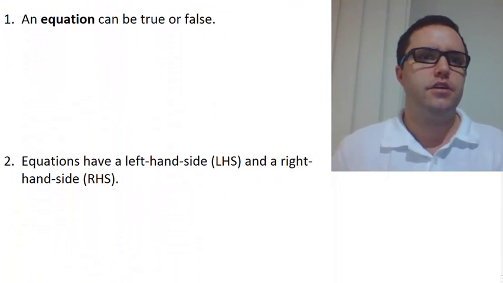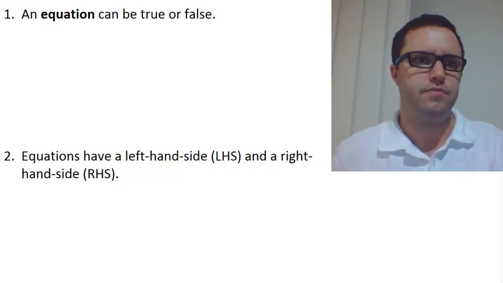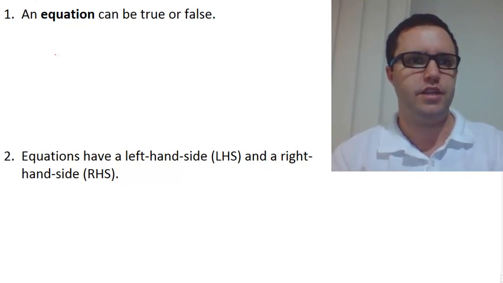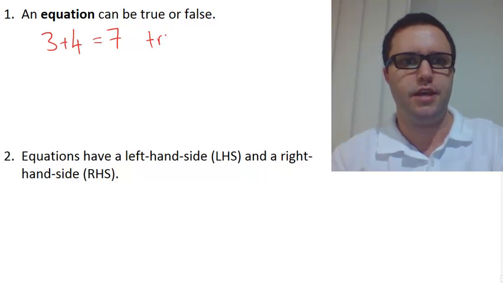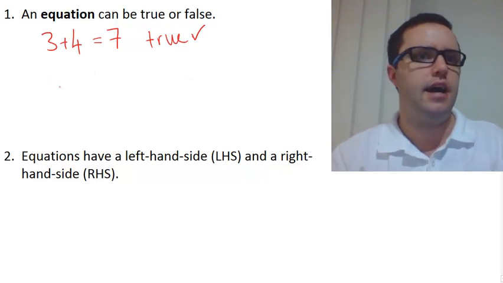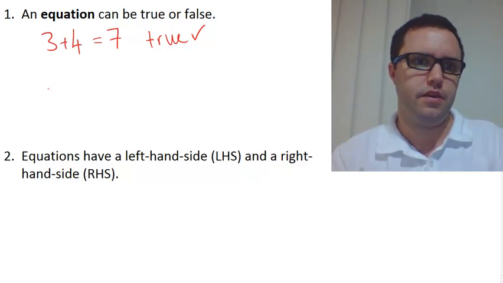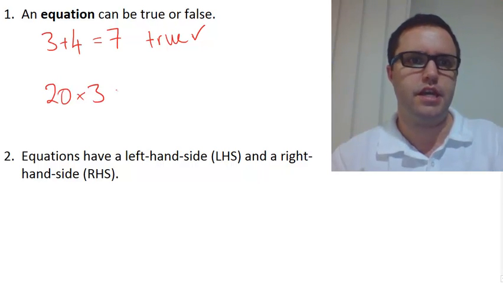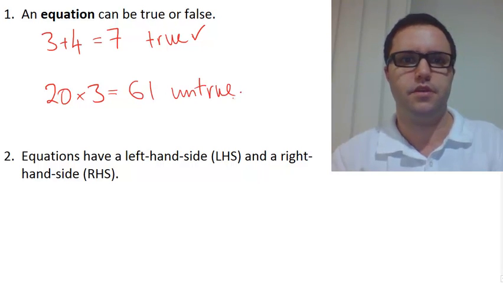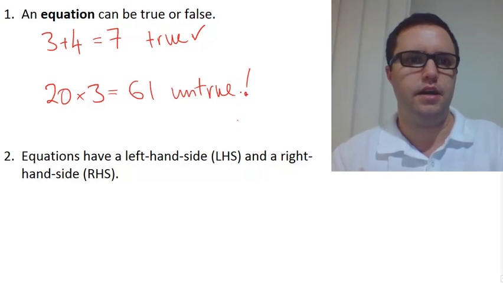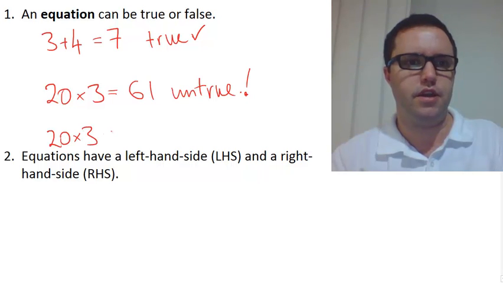Okay, so an equation can be true or false. A couple of ways we can demonstrate that is create, say, 3 plus 4 equals 7. So this is a true statement. Okay, yay. You could do 20 times 3 equals 61. Well, that is an untrue statement. You could, however, say that 20 times 3 is not equal to 61.